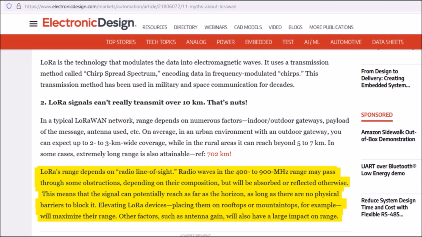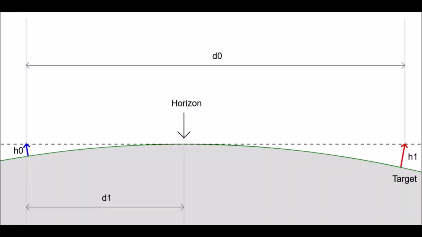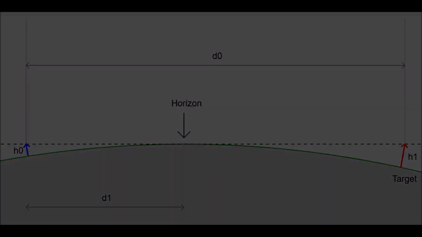Radio waves in the 400 to 900 megahertz range may pass through some obstructions, depending on their composition, but will be absorbed or reflected otherwise. This means that the signal can potentially reach as far as the horizon, as long as there are no physical barriers to block it. In other words, LoRa communications end at the alleged globe geometric horizon.